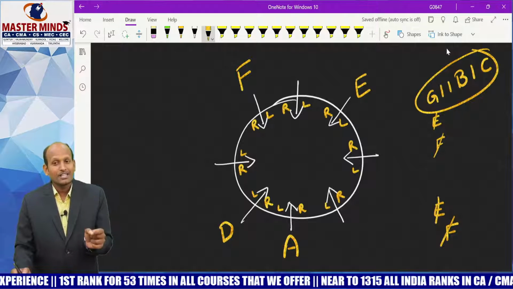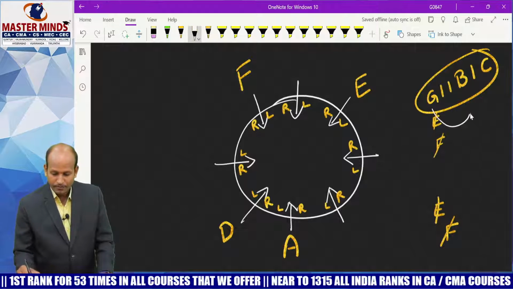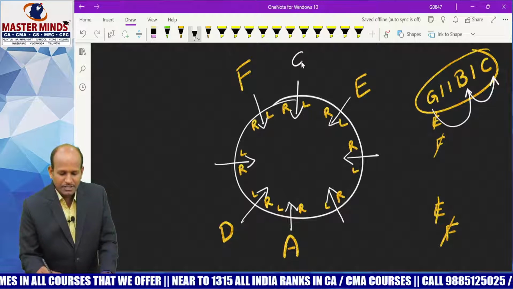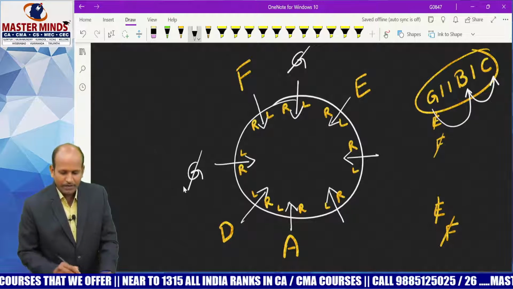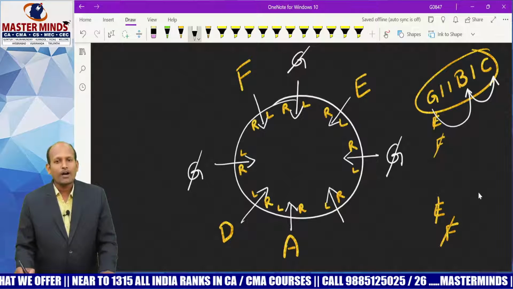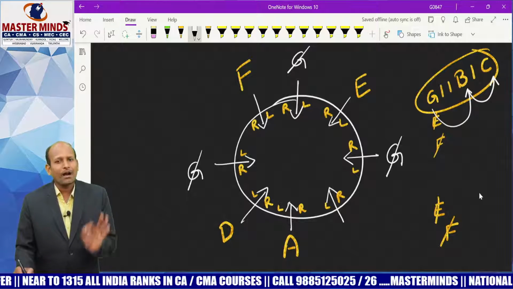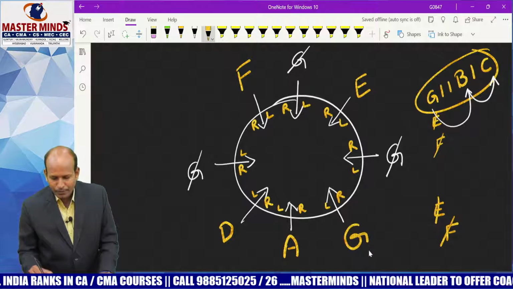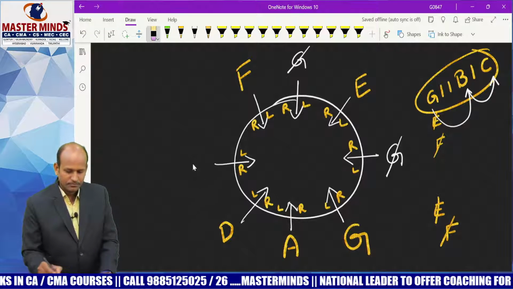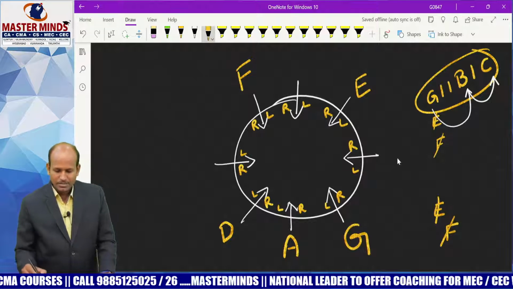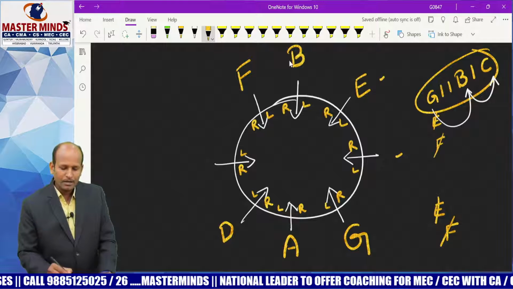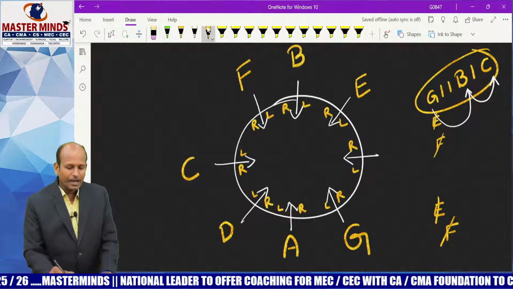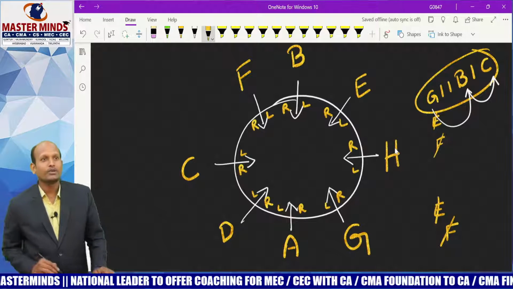G's third right is B, B's second right is C. But G is not a neighbor of E or F. That means G is not a neighbor of F and G is not a neighbor of E. So out of the 4 places, 3 are cancelled because they are the neighbors of E as well as F. Now we can confidently place the position of G. G first right, second right, third right B, B first right, second right C. Now out of A, B, C, D, E, F, G, H, the remaining letter H you can place here.